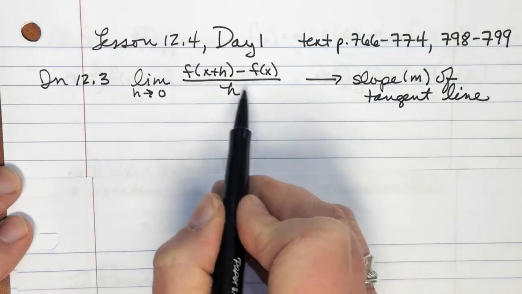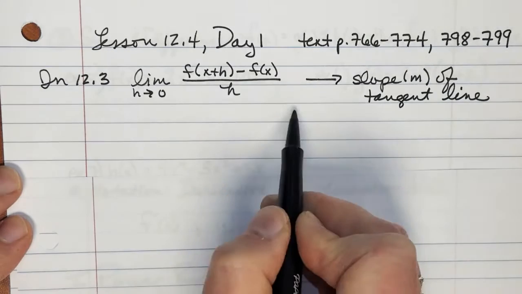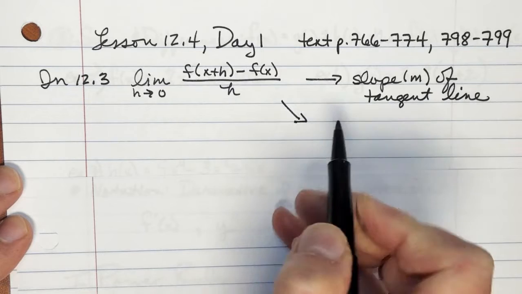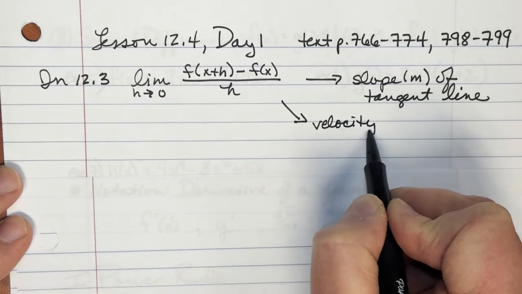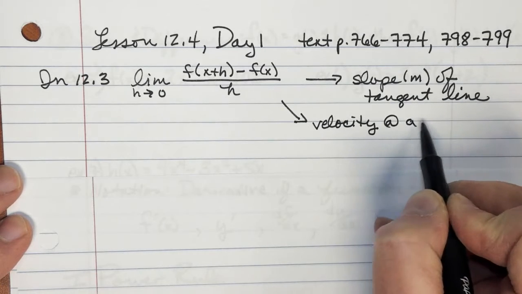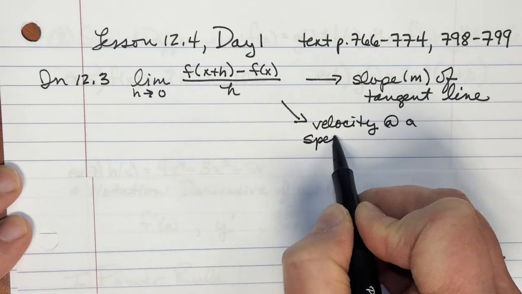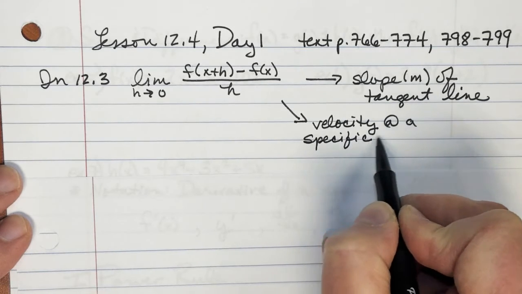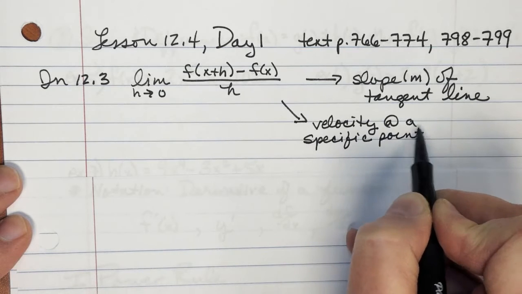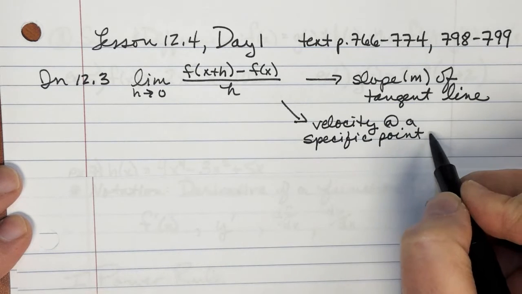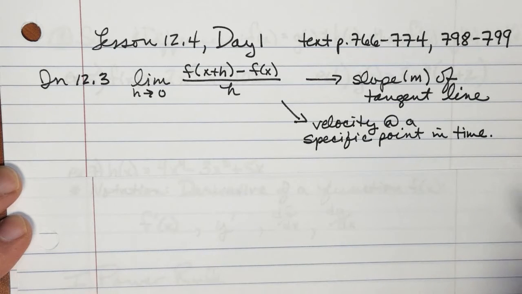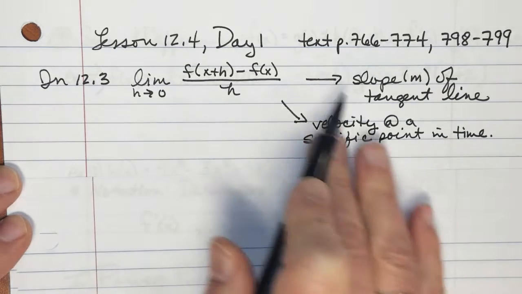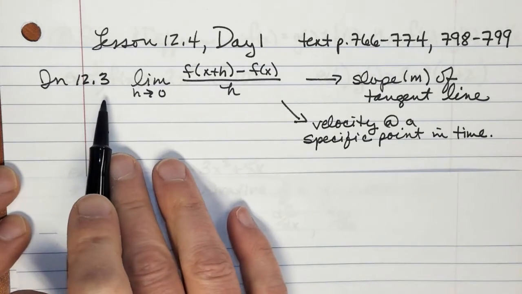Then we will also discover that this same equation gives us the velocity at a specific point in time, the instantaneous velocity, actually. Those are the big things that we're going to do in 12.3.